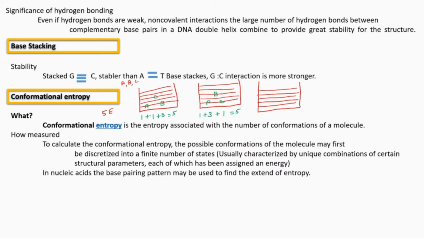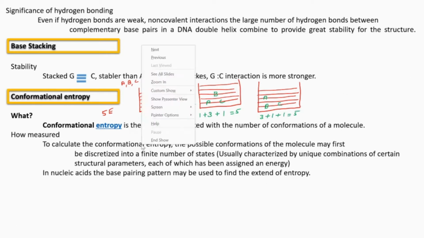With regard to A, I am keeping A in the third energy level, B molecule I am placing first and C in the second. Calculate the energy: A is 3 plus 1 plus 1, again 5. This is another way we can organize these molecules.